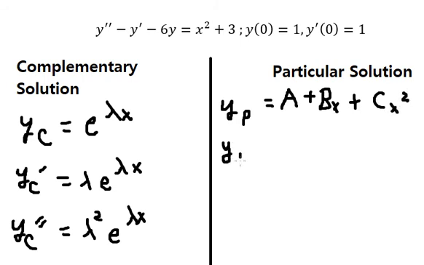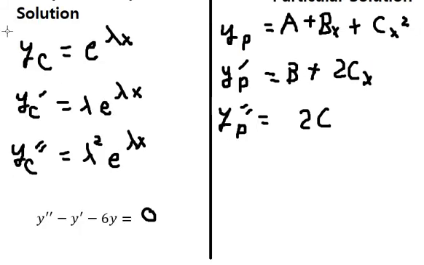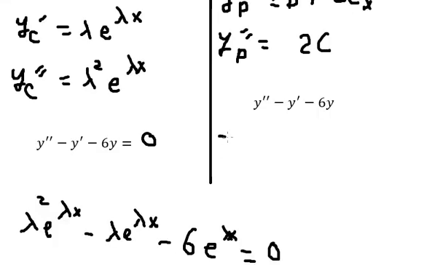Now if we do the first derivative, we have b plus 2cs, because the first derivative of s squared is 2s, and the second derivative we have 2c. Now we have this one. So I will put this one gone here, this one gone here, and this one gone here. So we have like this.